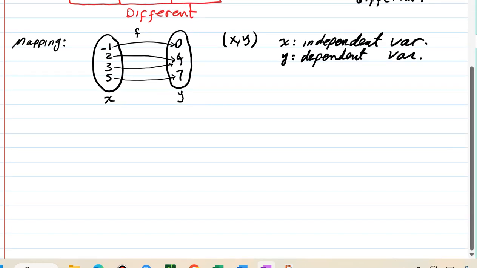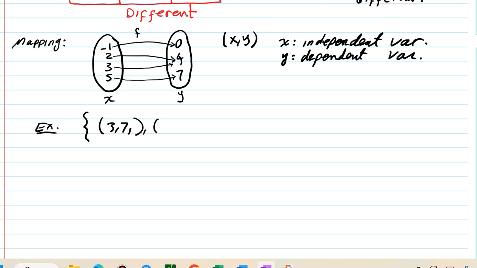Now if I do another set, for example, let's say if this is a relation, another example. Suppose I have elements (3, 7) and let's go (2, 1), (2, -1). We're going to keep that simple.